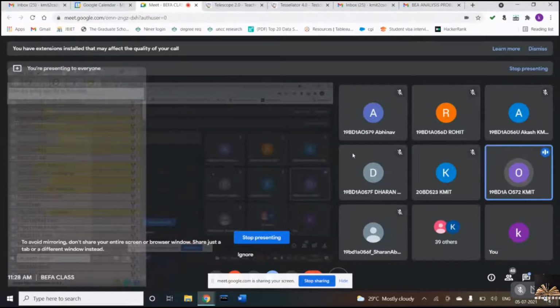Ma'am, without increase it is 15,000 units. In the first case fixed cost is 60,000. 60 by 4 is 15. Yeah, that's it. 15,000 units is the correct answer.